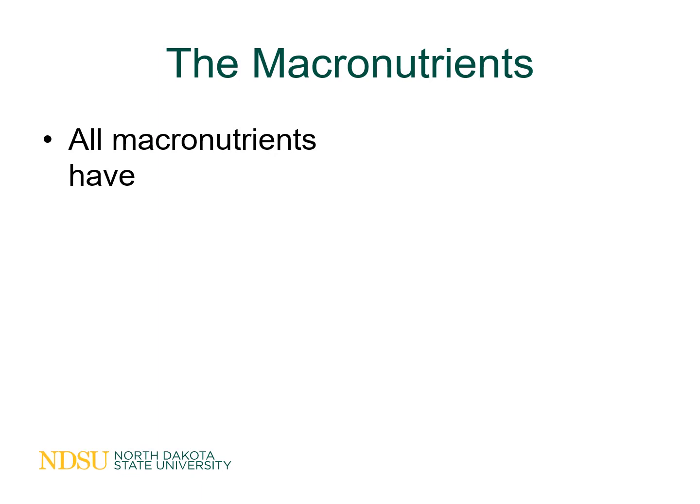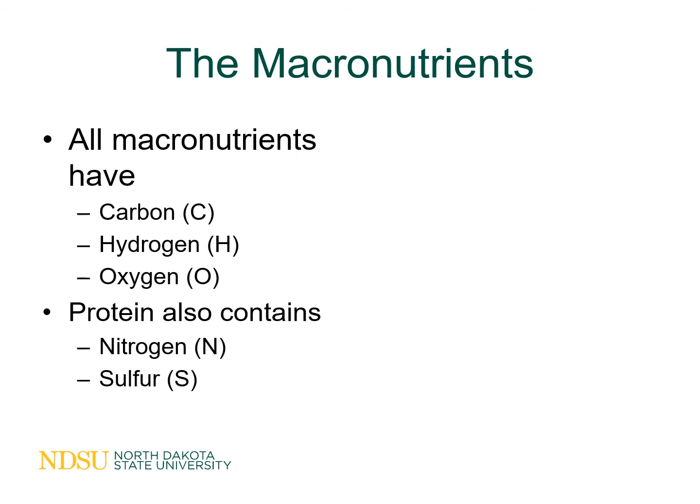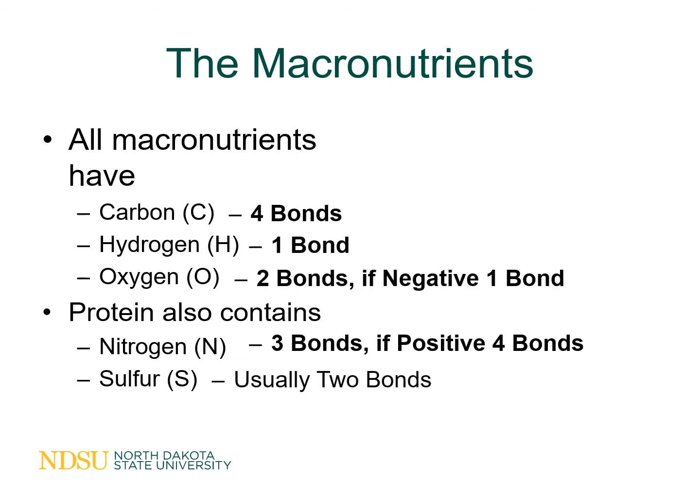All the macronutrients are actually made up of carbon, hydrogen, and oxygen. Protein also contains the elements nitrogen and sulfur. In bold here, I've listed the number of bonds these elements can make. This is important because, like I just said, the macronutrients are made out of these elements. By knowing how many bonds they can make, we can understand their structures more easily.